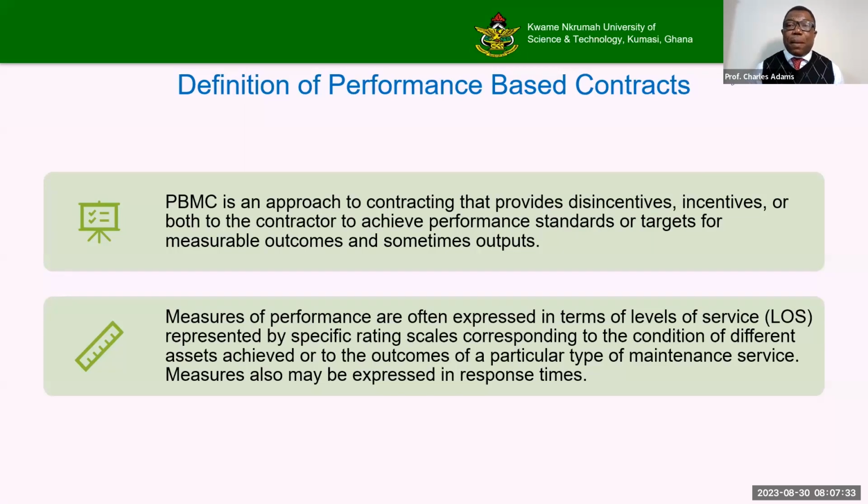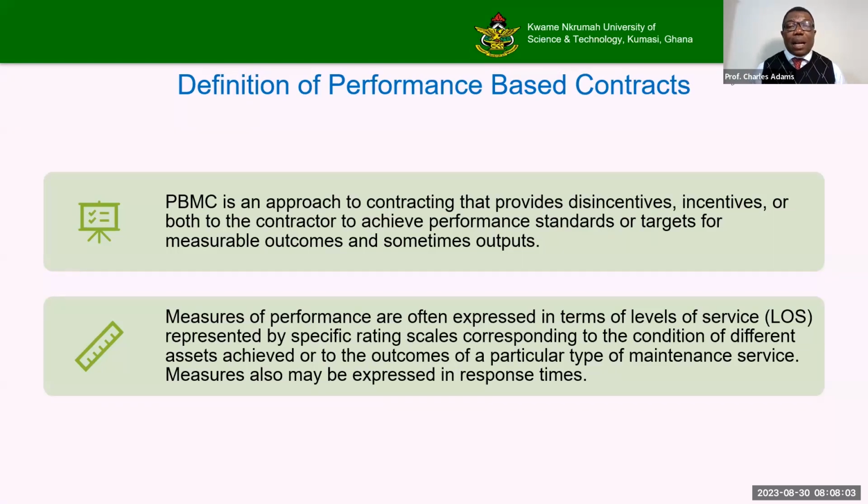We're talking about performance level of service in this particular case, referring to things like roughness on the road or the conditions of the road, maybe how long when a crash barrier is hit, it should be replaced. So when an asset suffers defects, how it should be repaired, the speed with which you repair, and what cannot be tolerated, or the outcomes of a particular type of maintenance service.